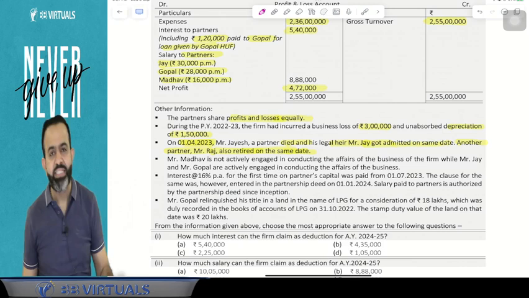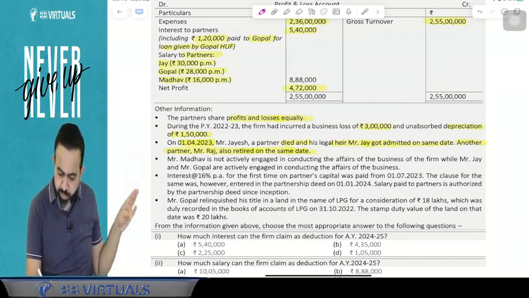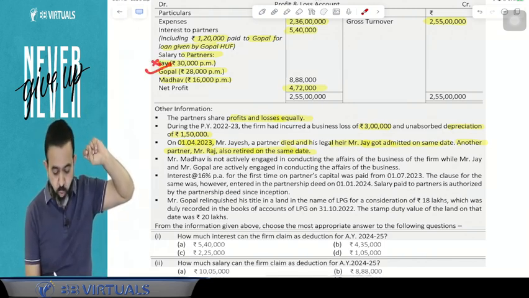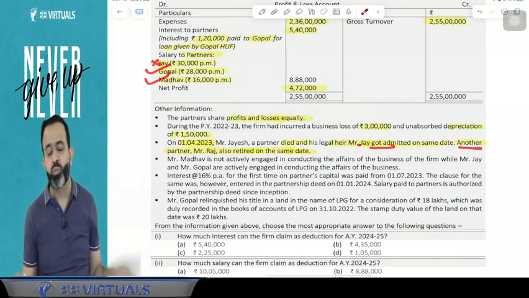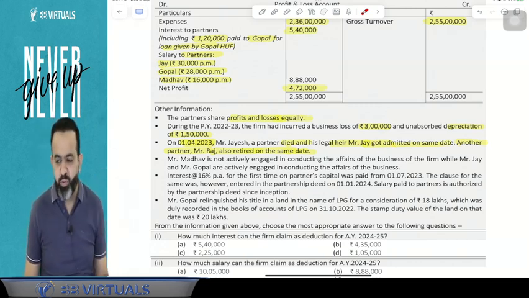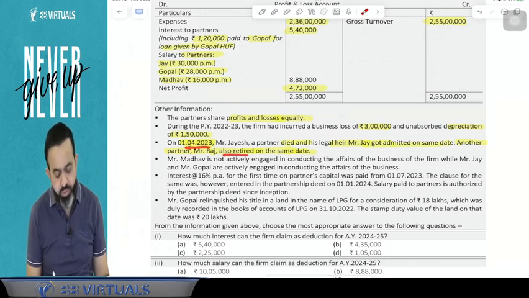So in simple words, can I say that last year there were 4 partners? Last year there were 4 partners because Jayesh was a partner, Gopal was a partner, Madhav was a partner, and Raj was also a partner. Out of that, one partner retired on the 1st April 2023.